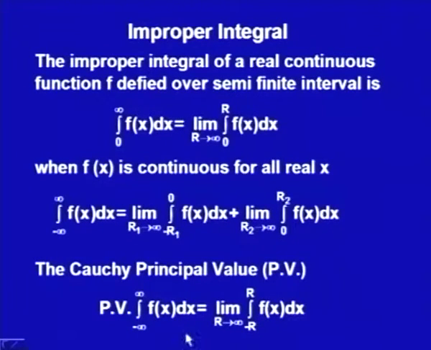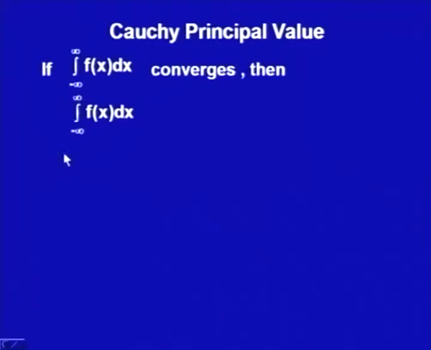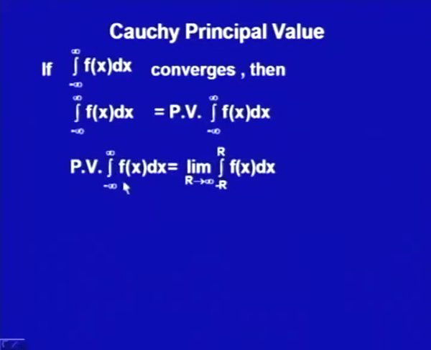What we are saying is that if the integral from minus infinity to infinity of f(x) dx converges, then it is the same as the principal value of the integral, which, as we have just seen, is the limit as r approaches infinity of the integral from minus r to plus r of f(x) dx.